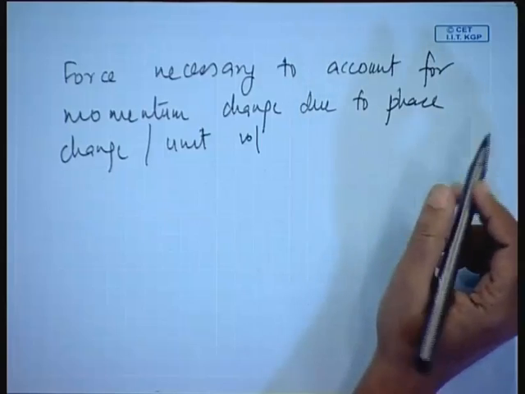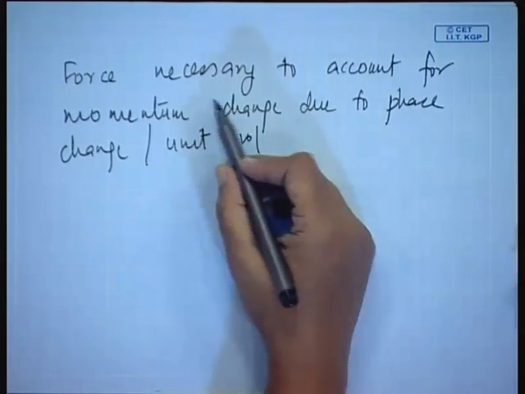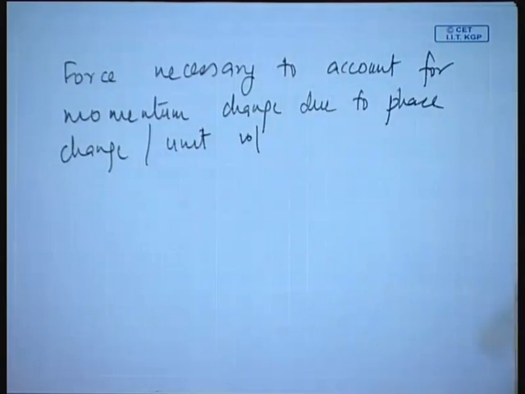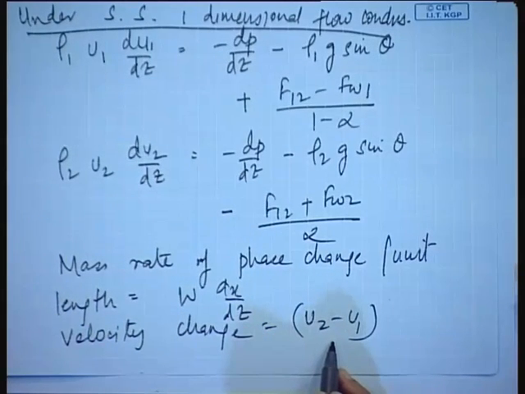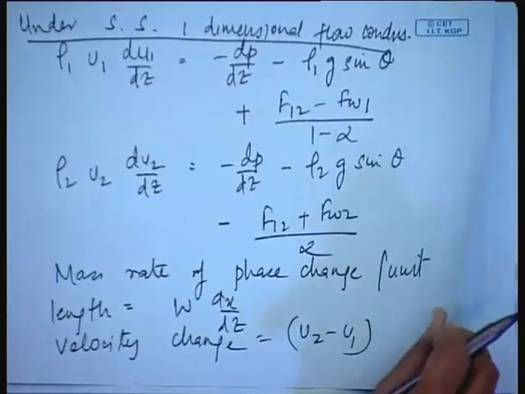Okay, for per unit volume of say any of the phases, what is the total force that is there? Total force must be the mass rate of phase change into the velocity change, that will give you the force which is associated with phase change. Do you get my point? So, therefore, what is that?